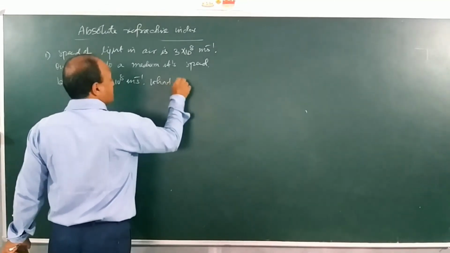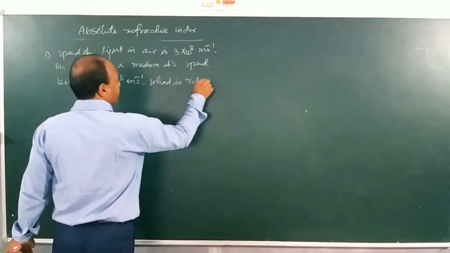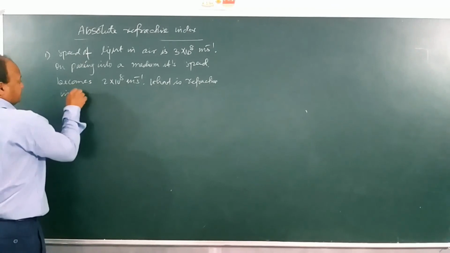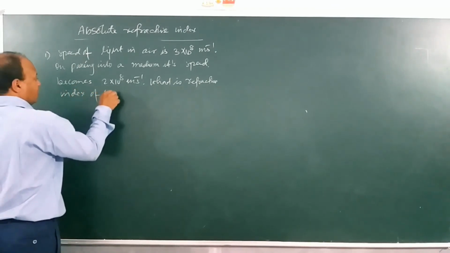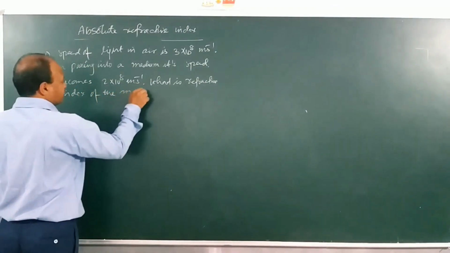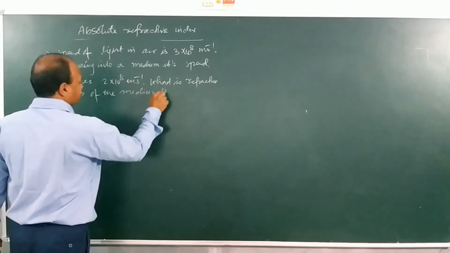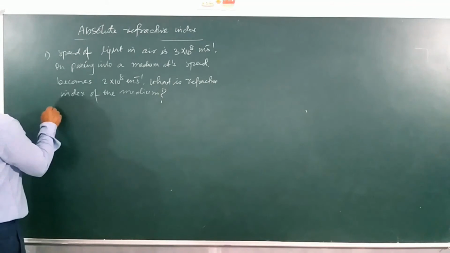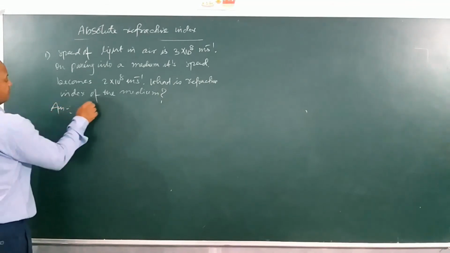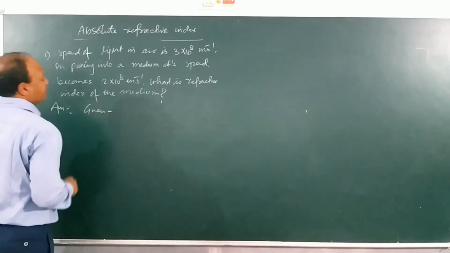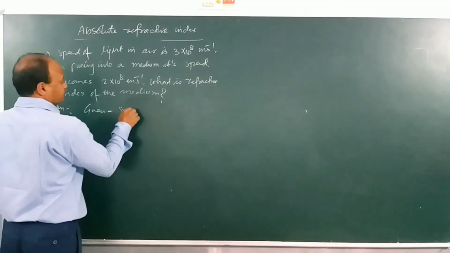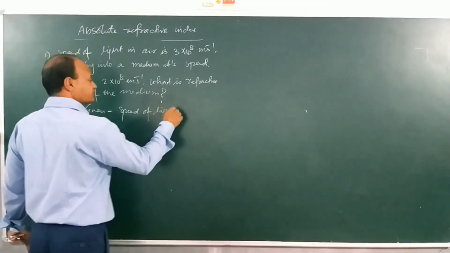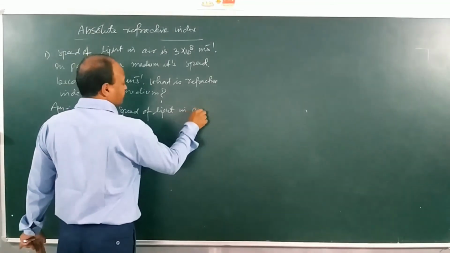What is refractive index of the medium? Very simple question. Now what is given? Let's see the answer. Given is speed of light in air, and what is the symbol?